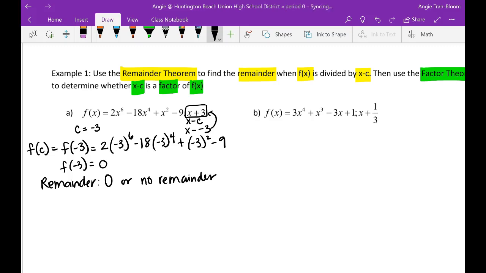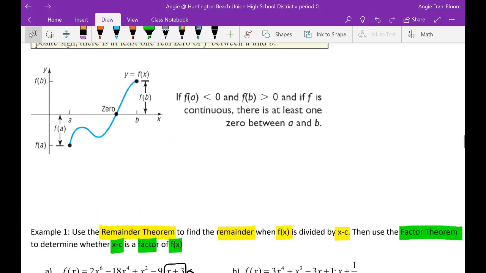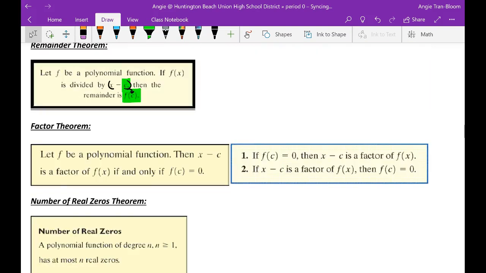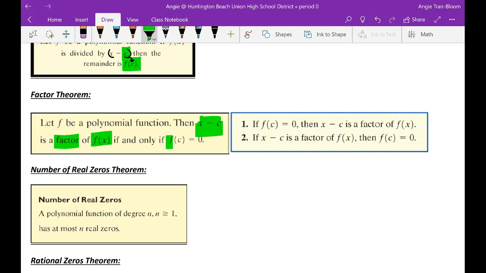Then it says use the factor theorem to determine whether x minus c is a factor of f of x. Let's go back up to remind ourselves what the factor theorem is. Let f be a polynomial function. Then x minus c is a factor of f if the remainder is 0.